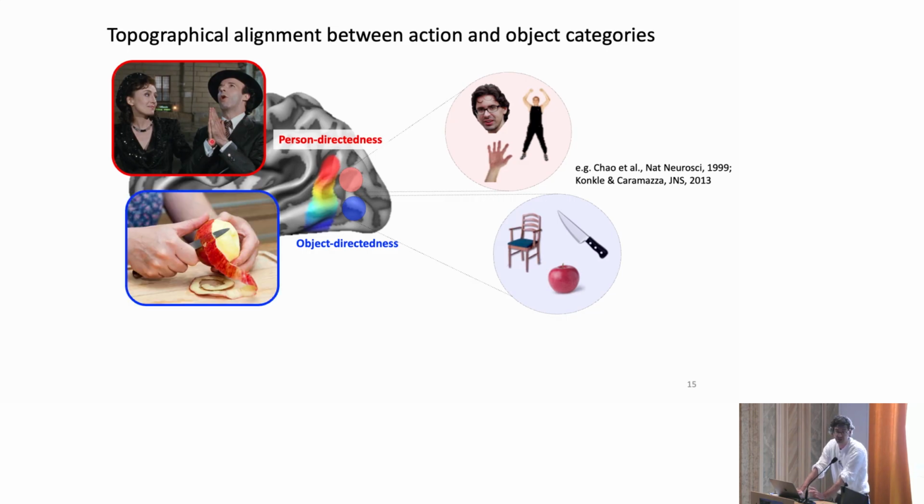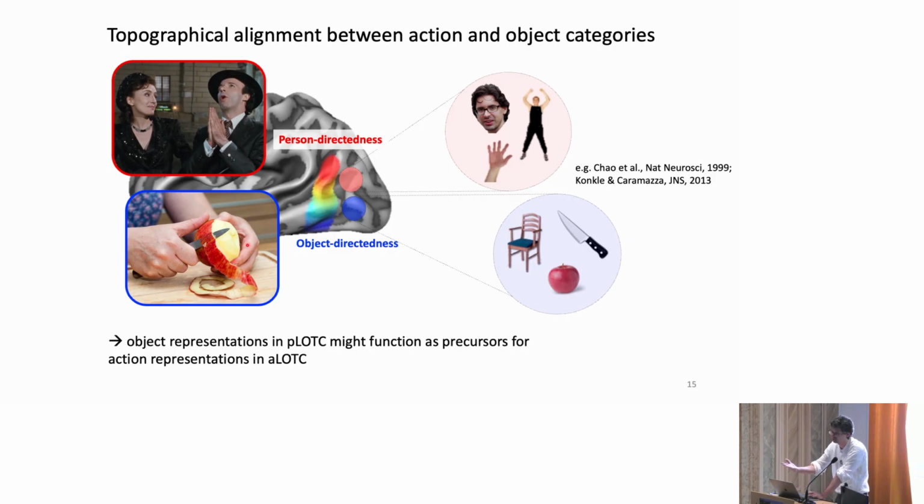By contrast, the recognition of object-directed actions relies more on the processing of inanimate objects, obviously, such as tools and manipulable objects. So, in other words, category-specific object representations in posterior LOTC might function as precursors for action concepts in anterior LOTC.